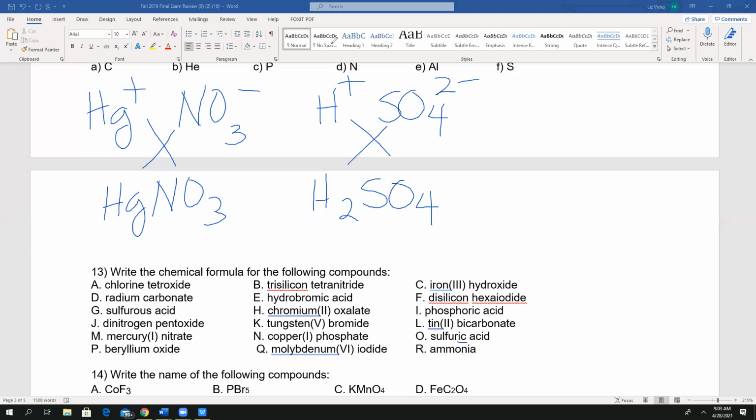Okay, so here we go. Next one. The last one that we said we were going to do is Q, which is molybdenum 6 iodide. Molybdenum 6 iodide.